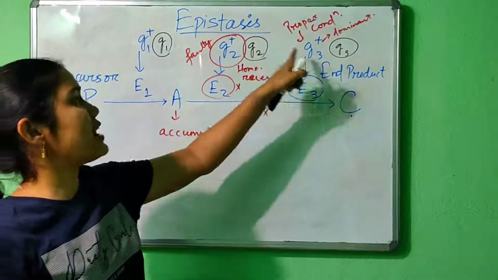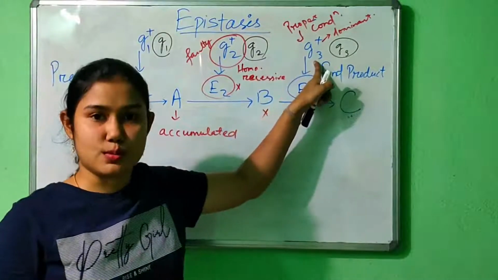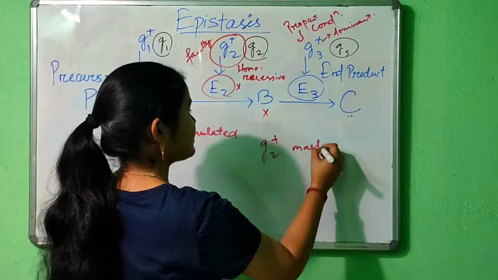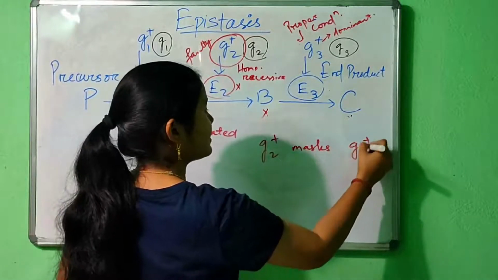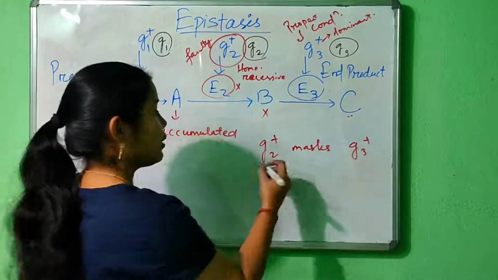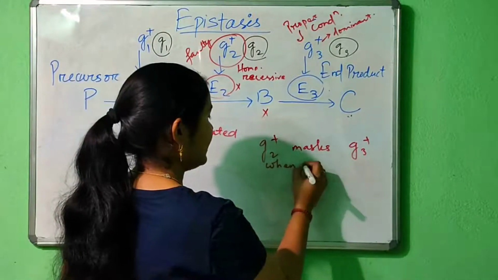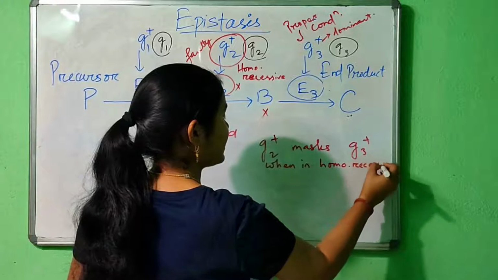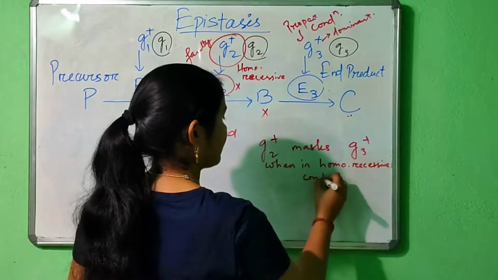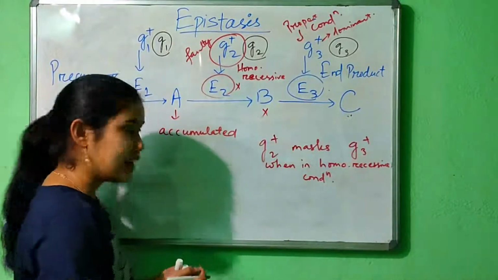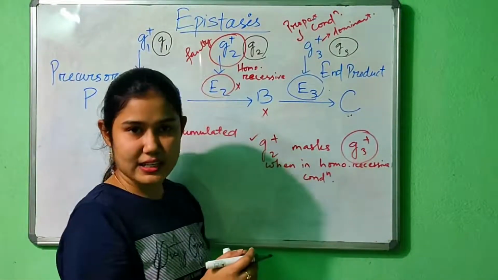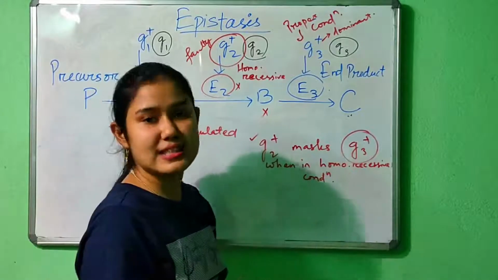This one is masking the effect of this one. So G2 plus masks G3 plus when in homozygous recessive condition. So this gene is masking the effect of this gene.